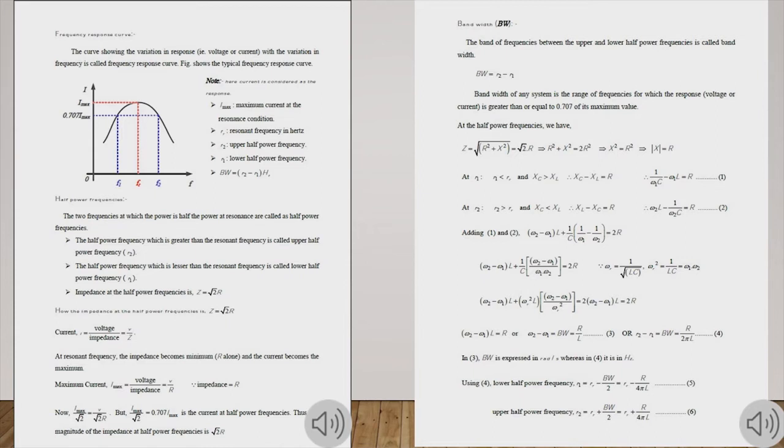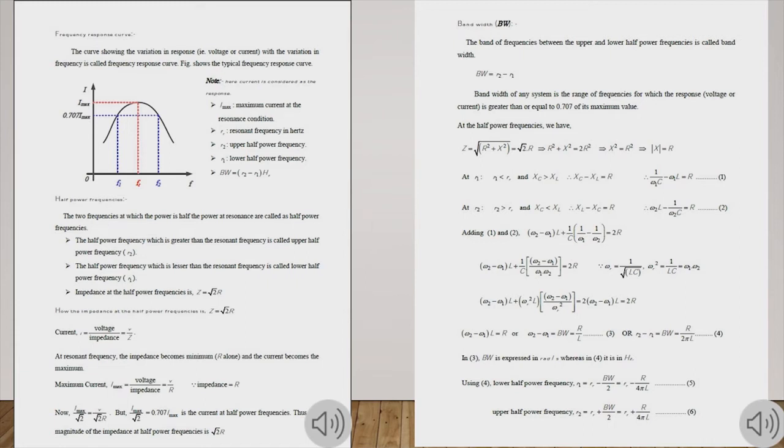But Imax by root 2 equals 0.707 Imax, which is the current at half power frequencies. Thus the magnitude of the impedance at half power frequency is root 2 R.